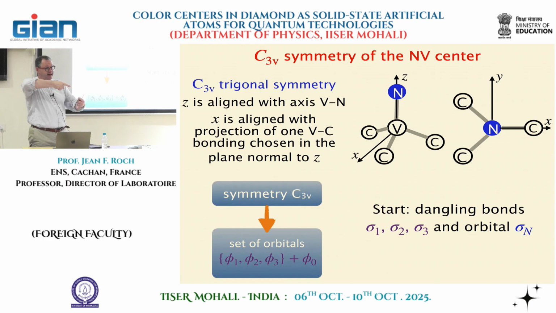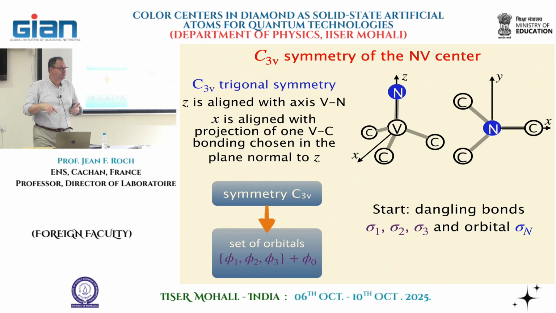So I choose one like that, and that gives me my plane. And now the symmetry C3V is, for instance, you have a mirror symmetry along the Z plane, and a 2 pi over 3 rotation symmetry, you remain equivalent. So that's basically the C3V symmetry.